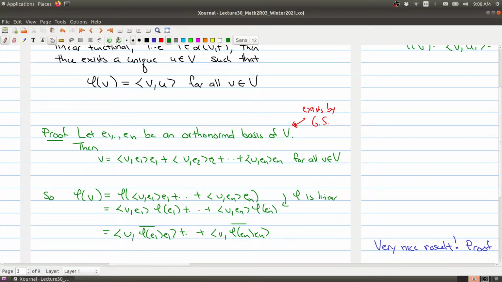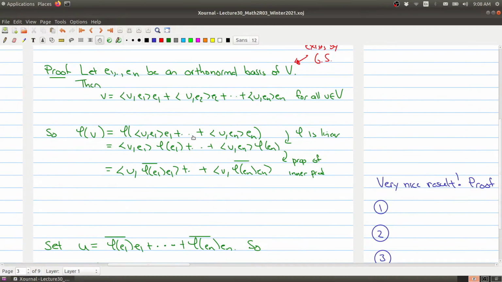This is now an inner product and this is a constant, so we can pull it into either slot, but we have to take the conjugate if we're going to pull it into the second slot.